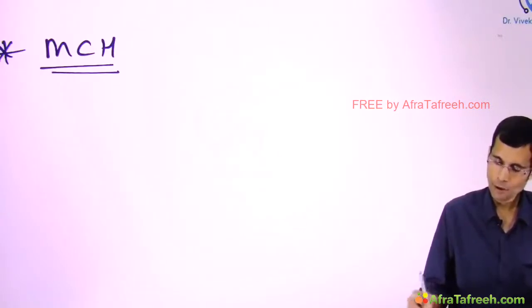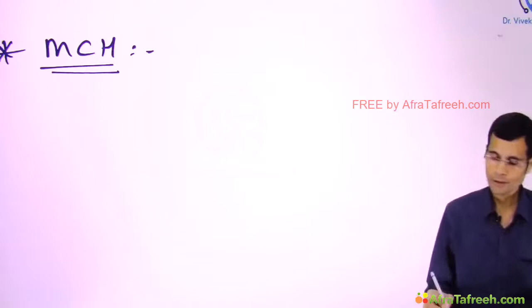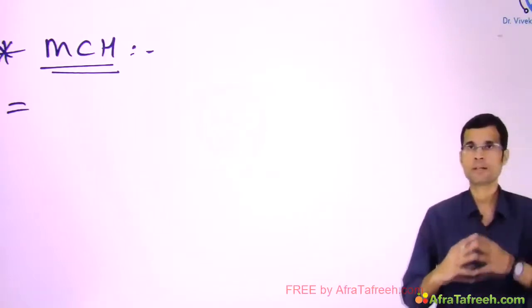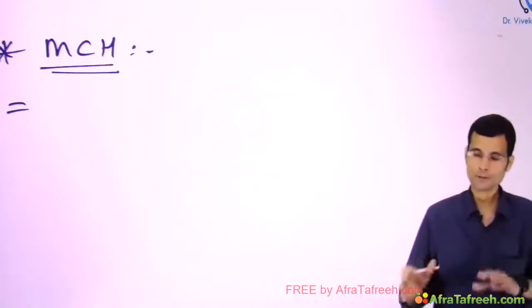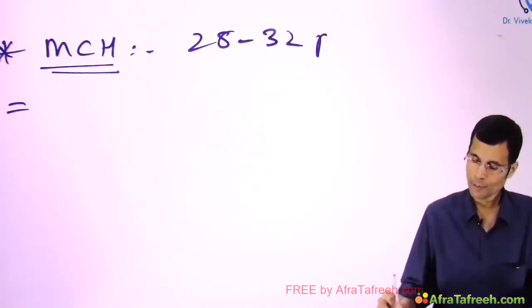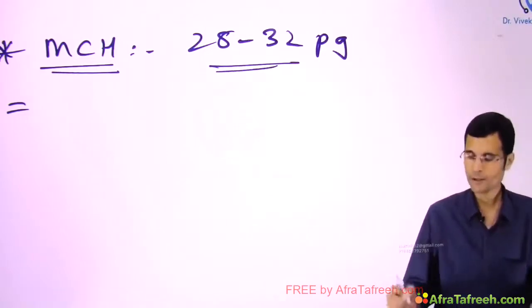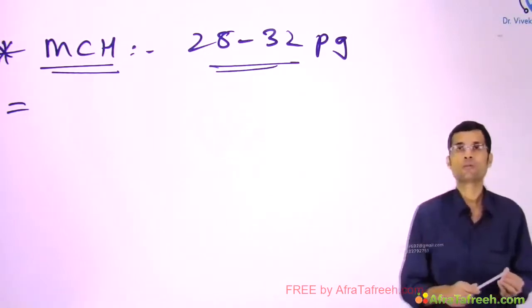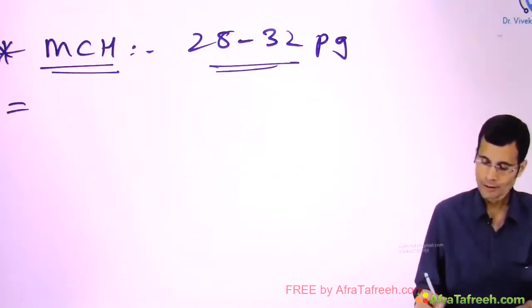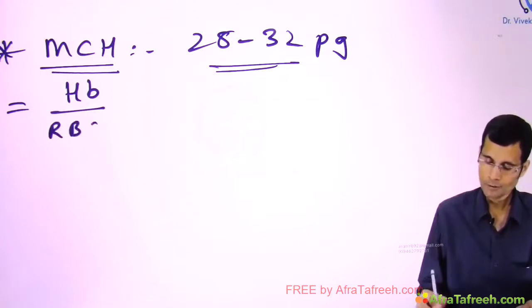The third blood index is MCH, mean corpuscular hemoglobin. On an average, how much hemoglobin is present in one RBC? That's mean corpuscular hemoglobin. The normal value is about 28 to 32 picograms, I beg your pardon, 28 to 32 picograms. How is it calculated? Hb upon RBC count.